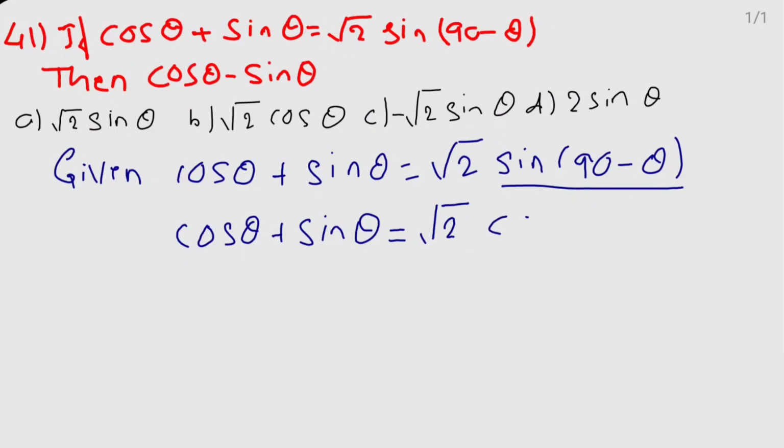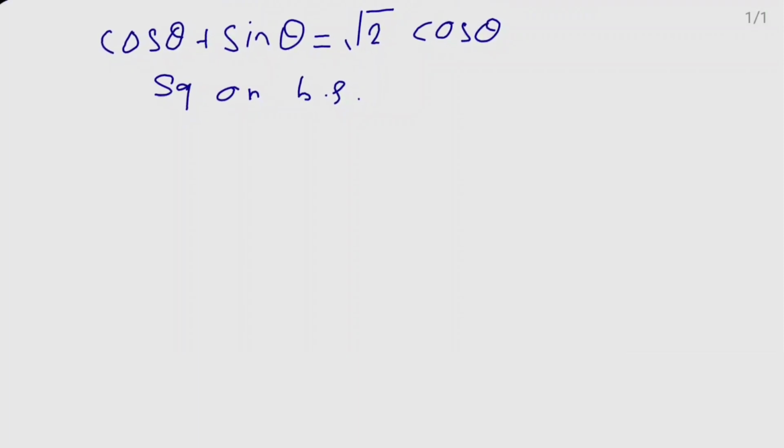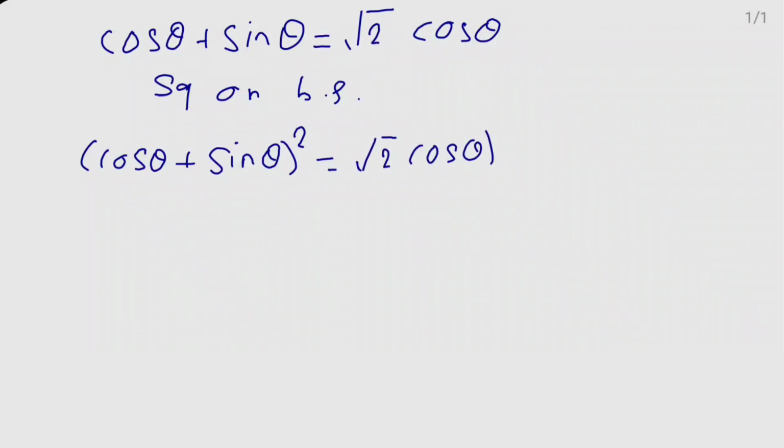We can write cos theta, because we know that the value of sin (90 minus theta) is cos theta. And now squaring on both sides, here we got (cos theta plus sin theta) whole square equal to (root 2 cos theta) whole square.